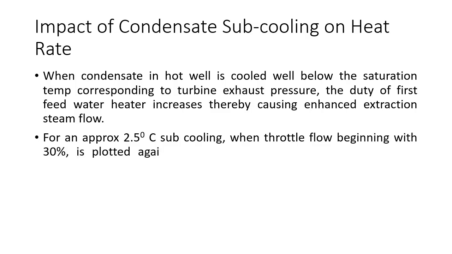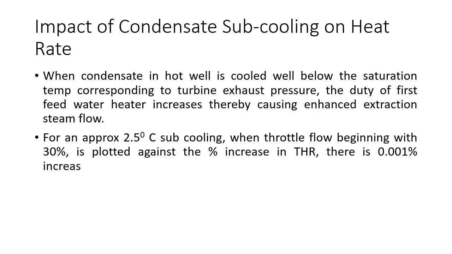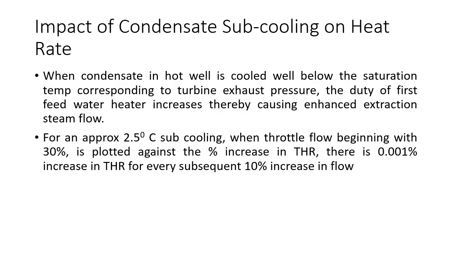For an approximate 2.5 degrees subcooling, when throttle flow beginning with 30% is plotted against the percentage increase in turbine heat rate, there is around 0.001% increase in turbine heat rate for every subsequent 10% increase in flow. So this is the impact of condensate subcooling. This also can be taken into account, as it may be a considerable factor.